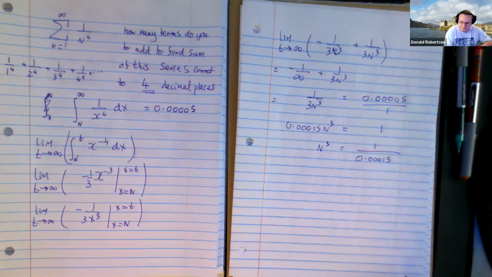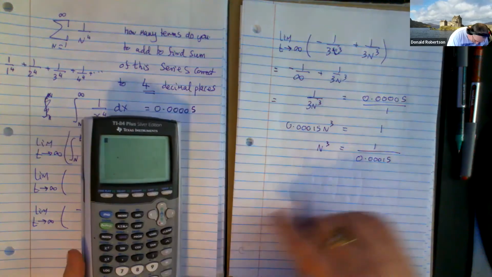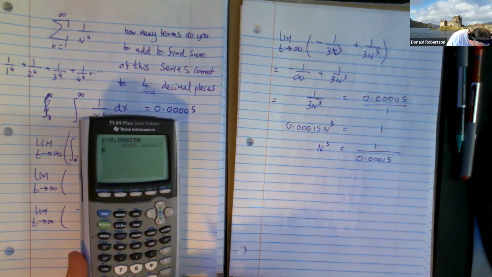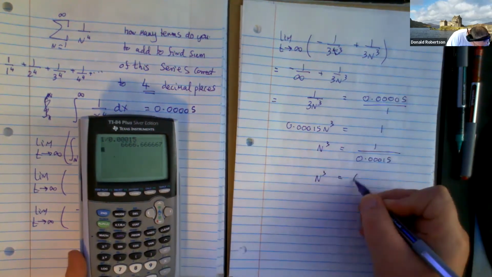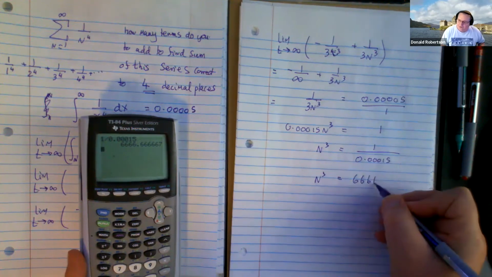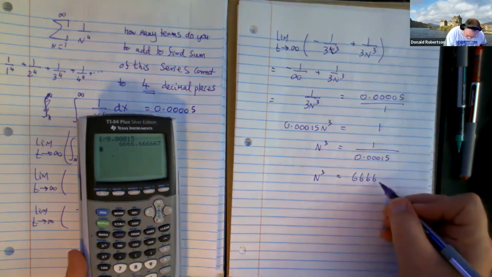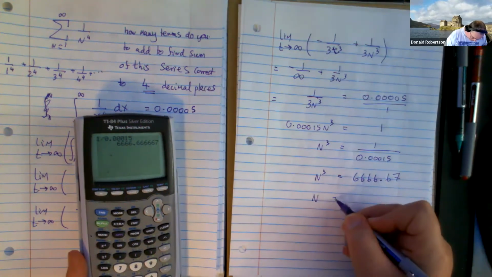There we go. 1 divided by 0.00015 ends up being 6666.67 or something. So won't n be the cube root of that number?